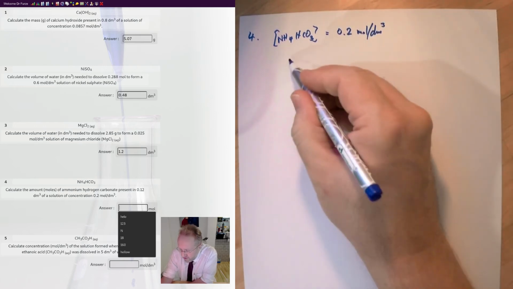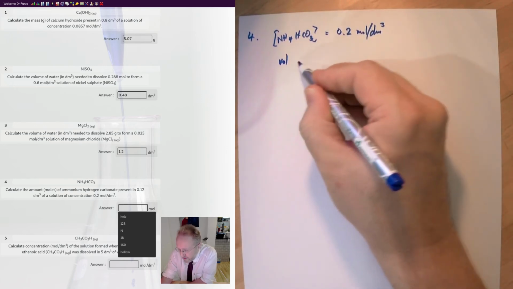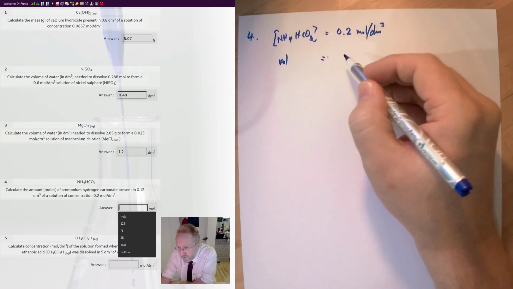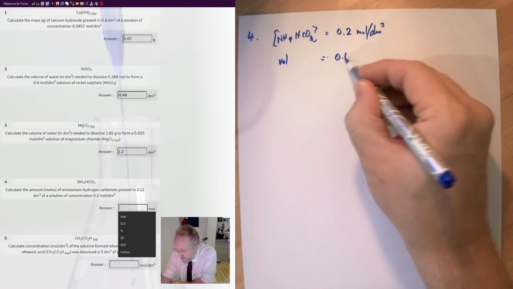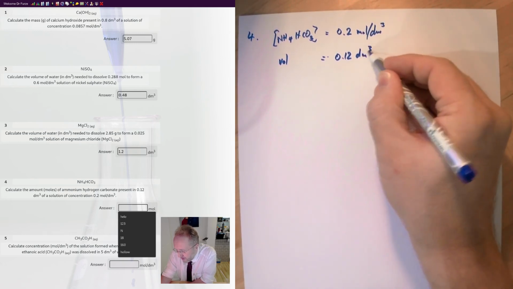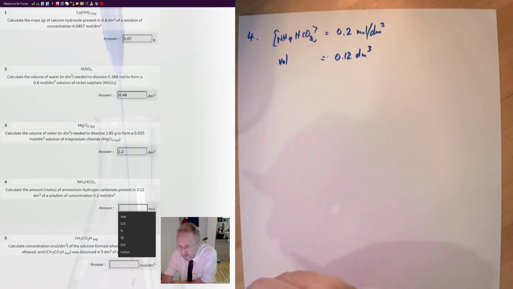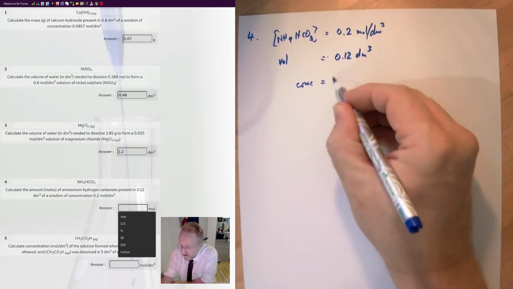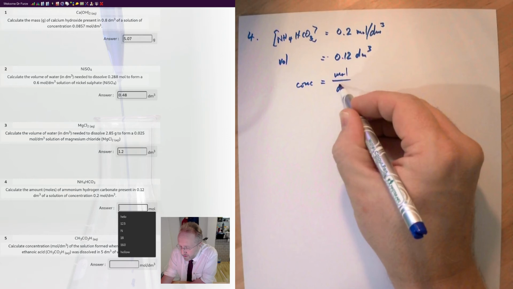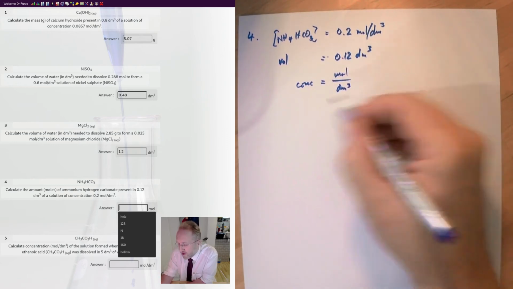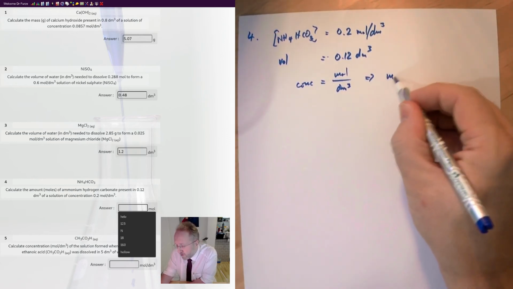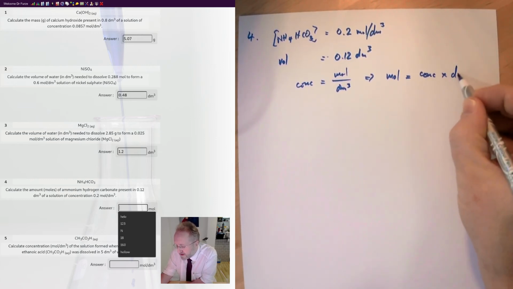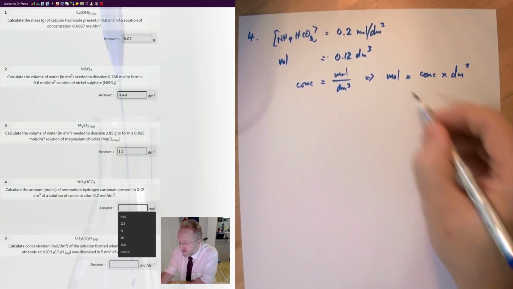And we have the volume is going to be equal to 0.12, and we want to know the moles. Okay, so what's the equation? Concentration is equal to moles per decimeters cubed. Rearrange this for moles is equal to concentration times decimeters cubed, or the volume.